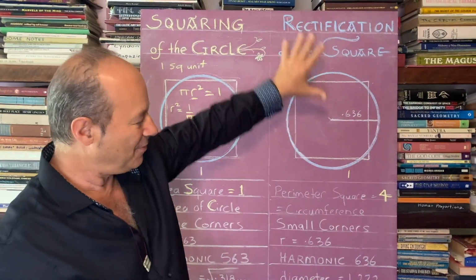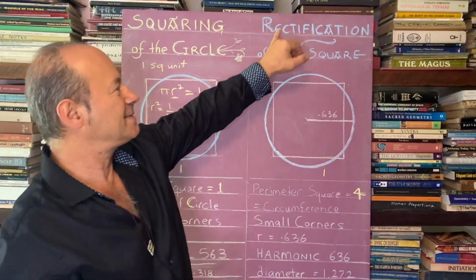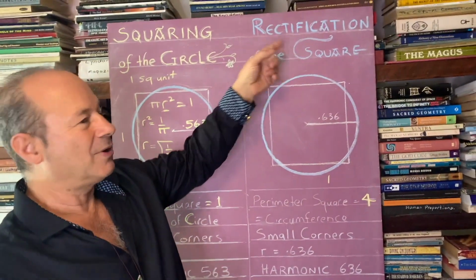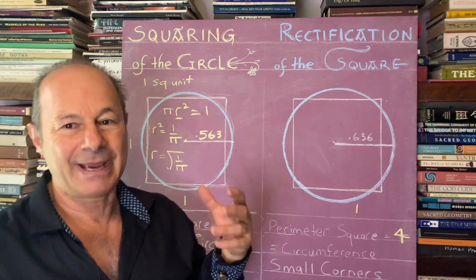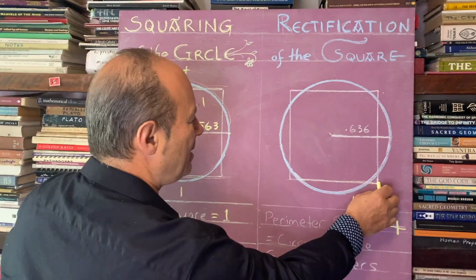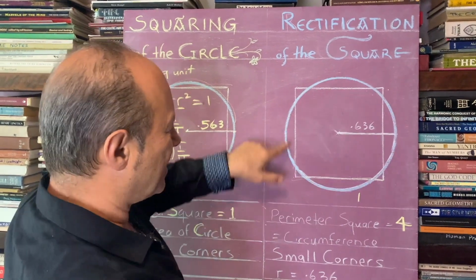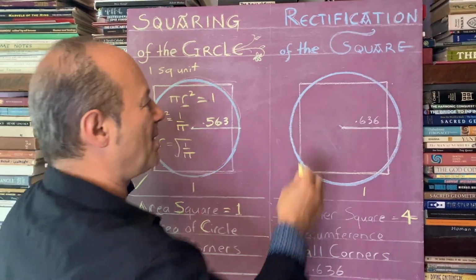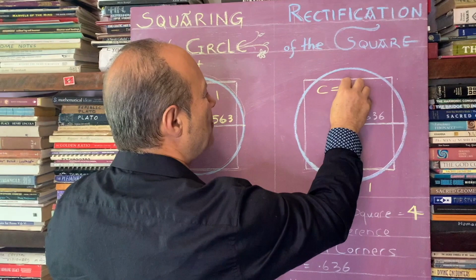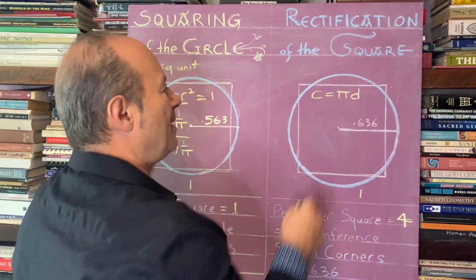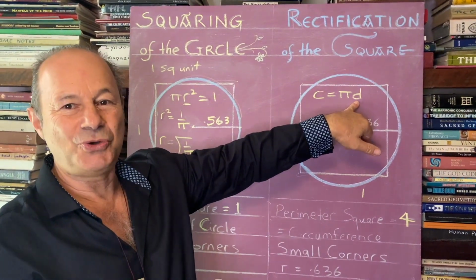But now I want to move to the rectification of the square, and this is my word for it. We could call this anything, but it's all about making the perimeter of the square, 1, 2, 3, 4, equal to the circumference of the circle. So at school you learned that the circumference equals pi times diameter. But we know that the diameter is 2 lots of radii.